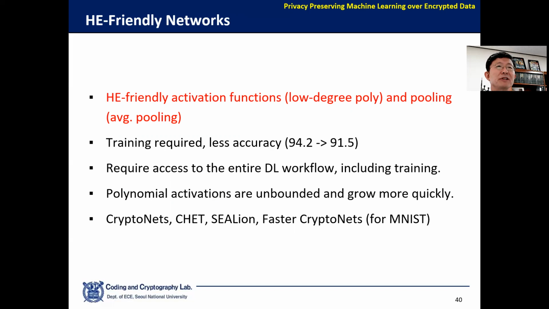Polynomial activations are unbounded and grow more quickly. There are several examples of HE-friendly network, such as CryptoNet, CHET, SEALion, faster CryptoNet for MNIST.